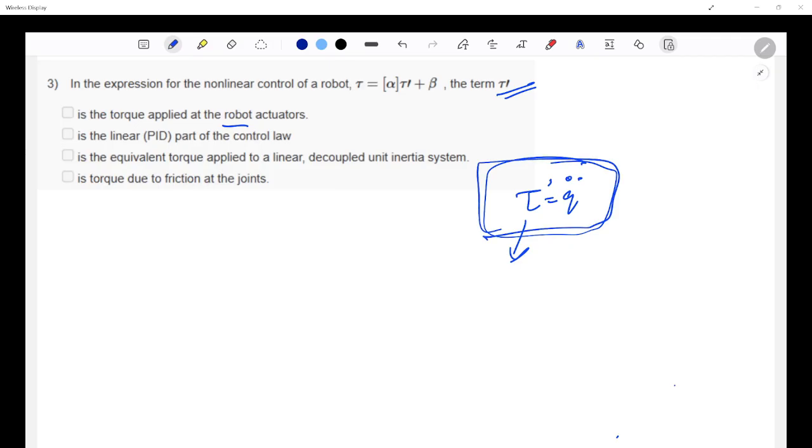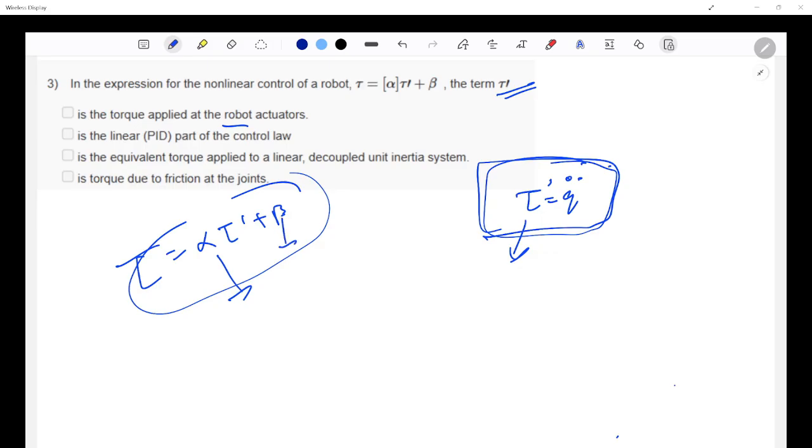It is not the original torque which was tau that we were supplying, because this torque was alpha tau dash plus beta, right? And it comprised all the matrices. But tau dash is a torque that we are not supplying. It is just an input to the transformed system. Okay, this is a linear unit inertia system.